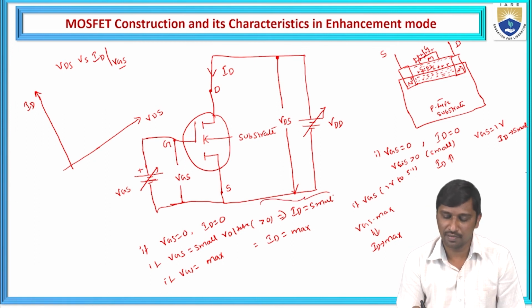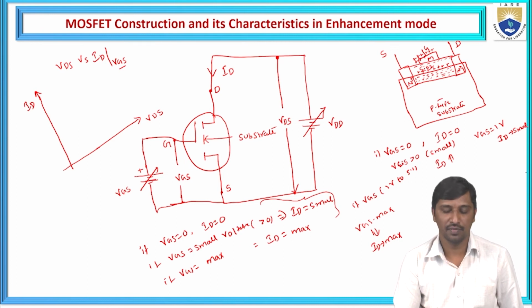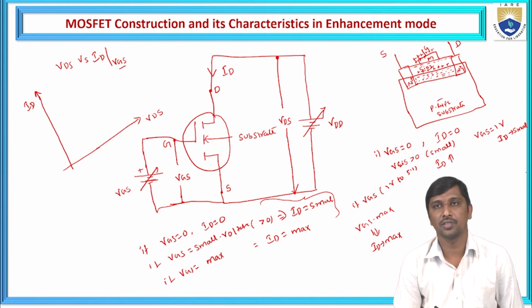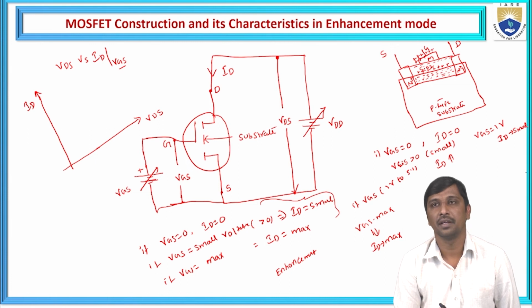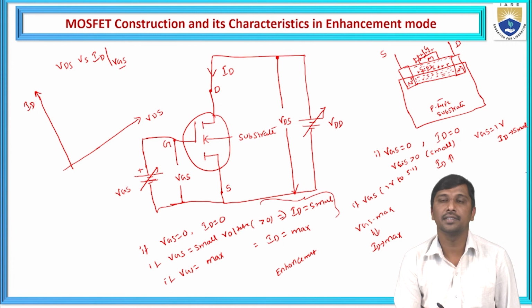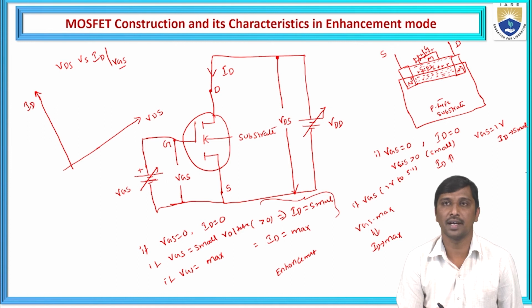So from these three observations, the drain current varies with respect to the VGS parameter. Hence, if VGS increases, the drain current also increases. This mode looks like enhancement mode. It enhances the drain current by enhancing the gate to source voltage as well as the drain to source voltage. Hence, this type of construction or characteristics belongs to enhancement mode MOSFET.